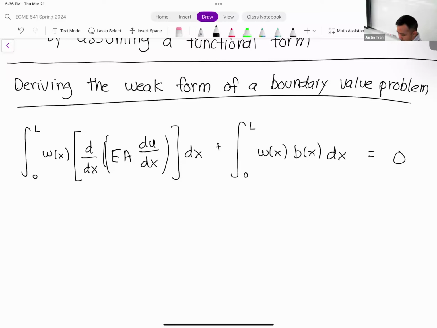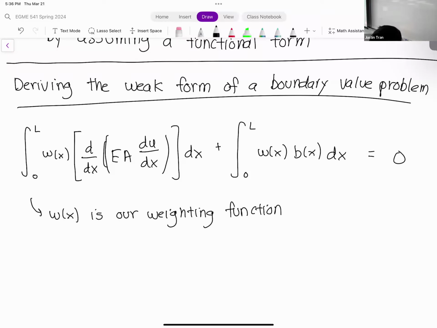All right. So let's talk about the weighting function first. Before we actually do integration by parts, let's talk a bit about w of x. Like I said, w of x is our weighting function. You can think of it as a function that is mostly a mathematical tool, right?